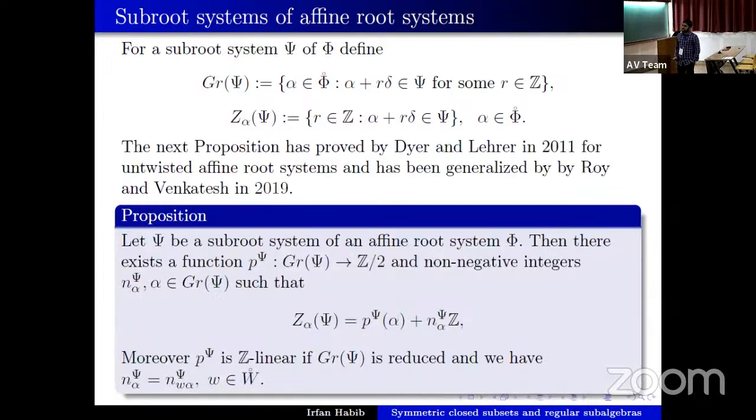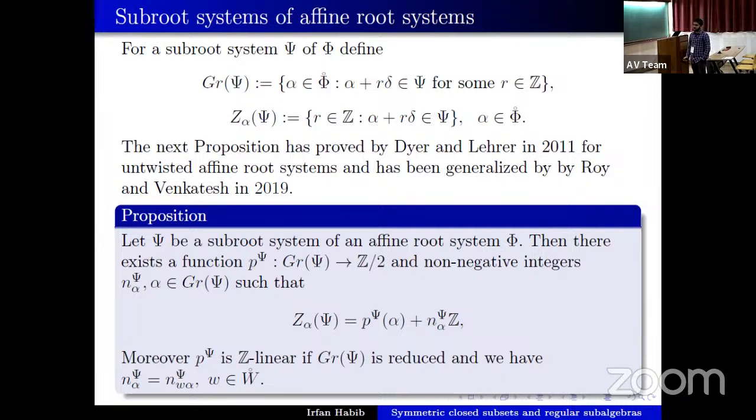The next proposition was proved by Dyer and Lehrer in 2011 for untwisted affine root systems, and it was generalized by Roy and Venkatesh in 2019 to any arbitrary affine root system. It states: let Xi be a subroot system of an affine root system.